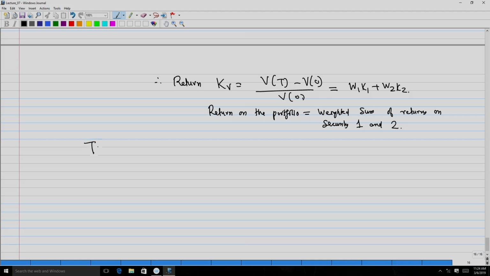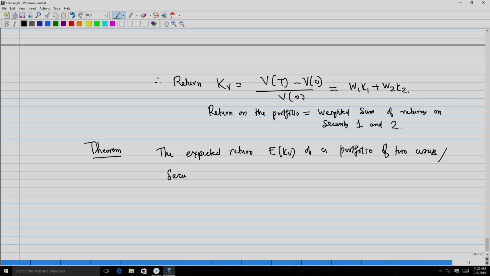So, this brings us to a straightforward consequent theorem: the expected return E of KV of a portfolio of 2 assets or securities is given by E of KV is equal to W1 E of K1 plus W2 E of K2.